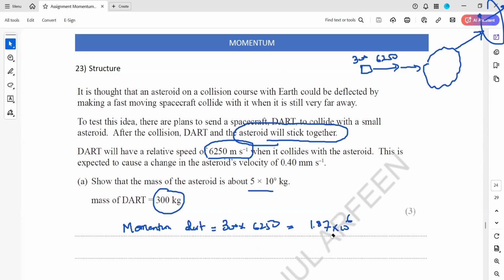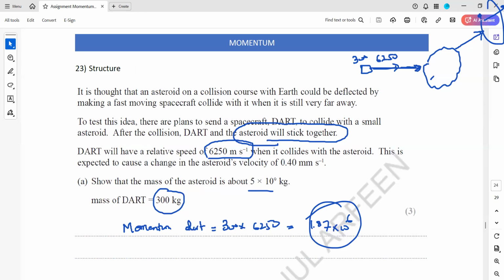So this is the momentum of the DART we calculated. Then the change in the momentum for the asteroid, this value will also be the change in momentum because the DART hit the asteroid. So how much momentum changes for the asteroid will be equal to this value. It was having certain momentum, but as it collided, this is the additional momentum which it will get.